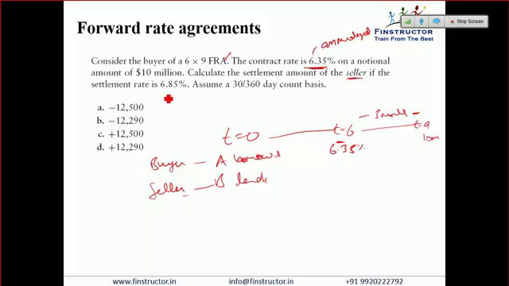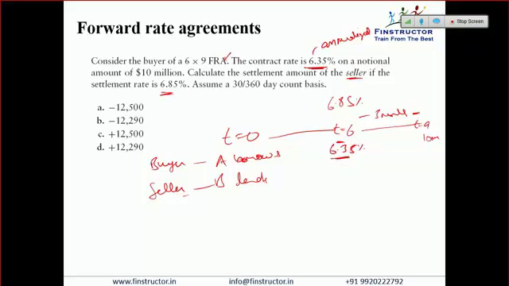If the settlement rate is 6.85%, that is at t equal to 6, the interest rate actually for 3-month borrowing or lending is 6.85%. Who do you think has gained? The borrower or the lender? They have both agreed on a rate of 6.35%.